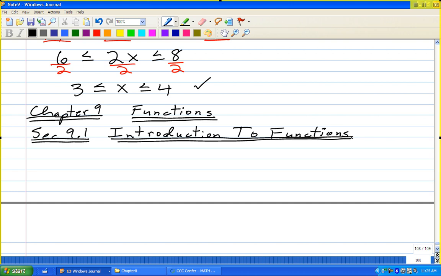So first let me give you the idea of a dependency statement. A dependency statement is some sort of statement involving a quantity. We'll call it a dependent variable.